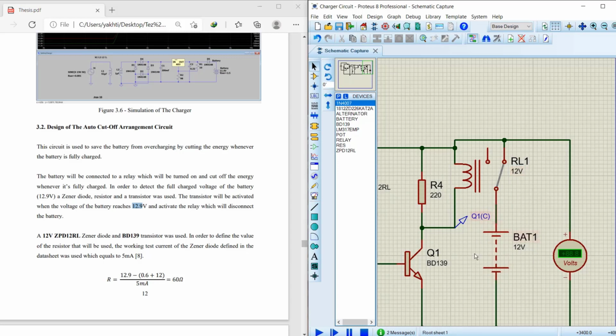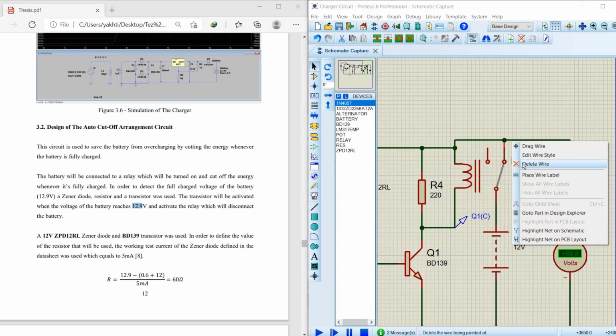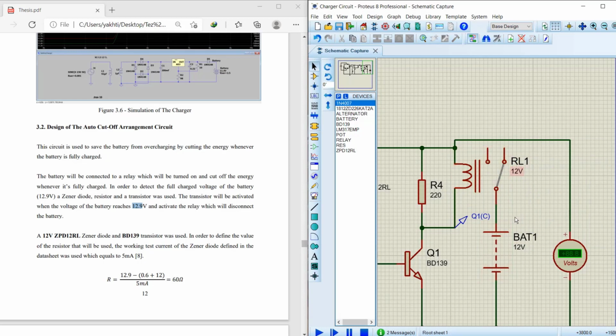But in simulation the voltage will be constant, since we have an ideal voltage source right here, so I just disconnected this part to show that the relay will be activated whenever the voltage becomes 12.9. So when we power the circuit, as we see here, the voltage is 12.6, but the relay is working and the battery is charging right now.